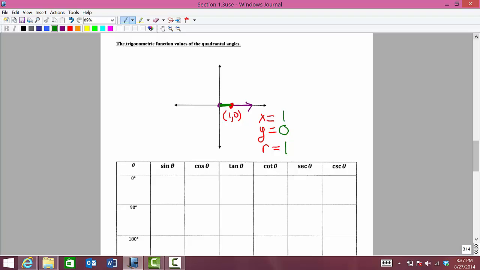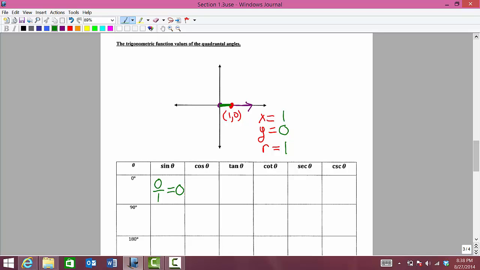So sine, remember, is y over r, and that would be 0 divided by 1, which simplifies to just be 0.